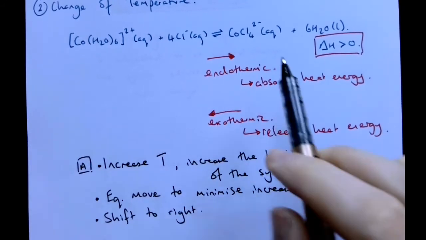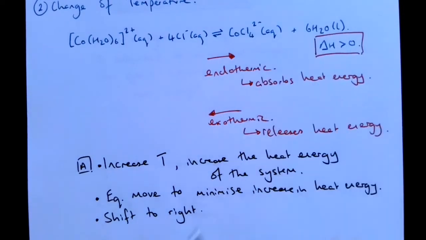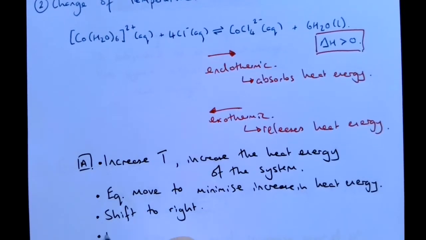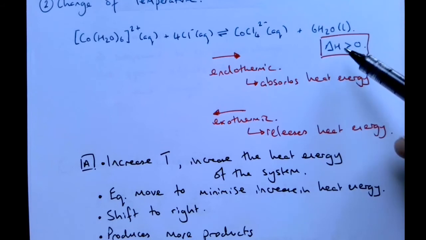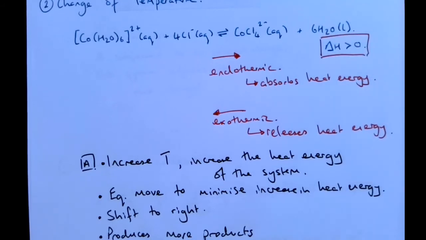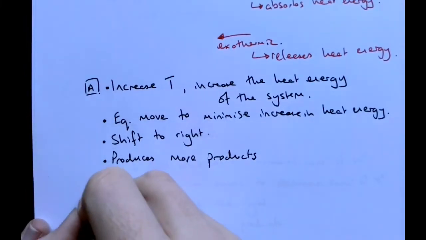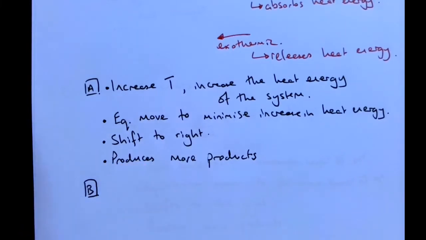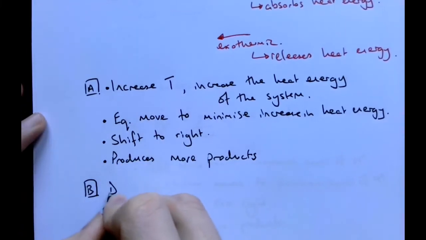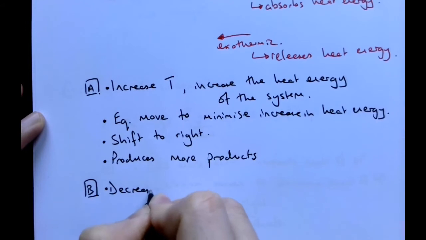Okay, and if it shifts to the right, it's going to make more of these over here. So it produces more products. So if I wanted to, maybe I wanted to get as much water as possible out of this reaction, I would increase the temperature. Okay, so now if we look at B, I'm going to decrease the temperature.